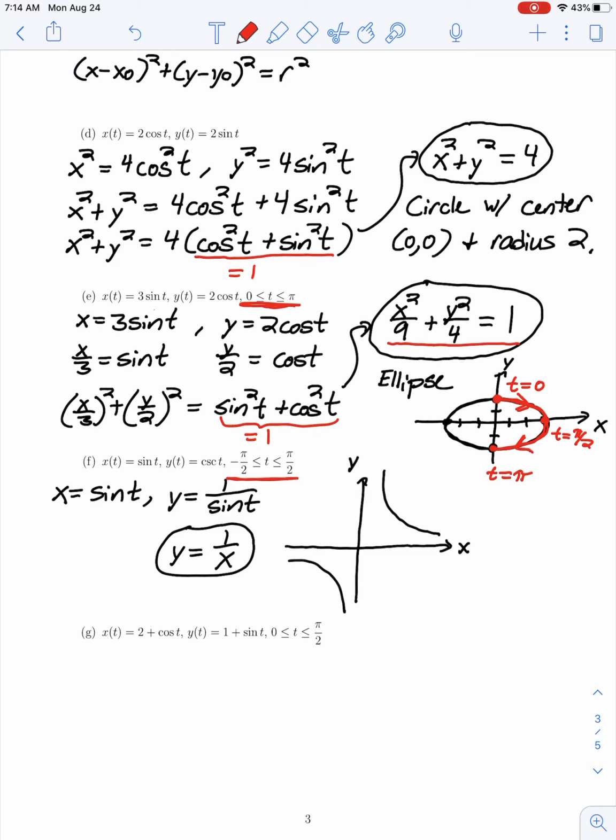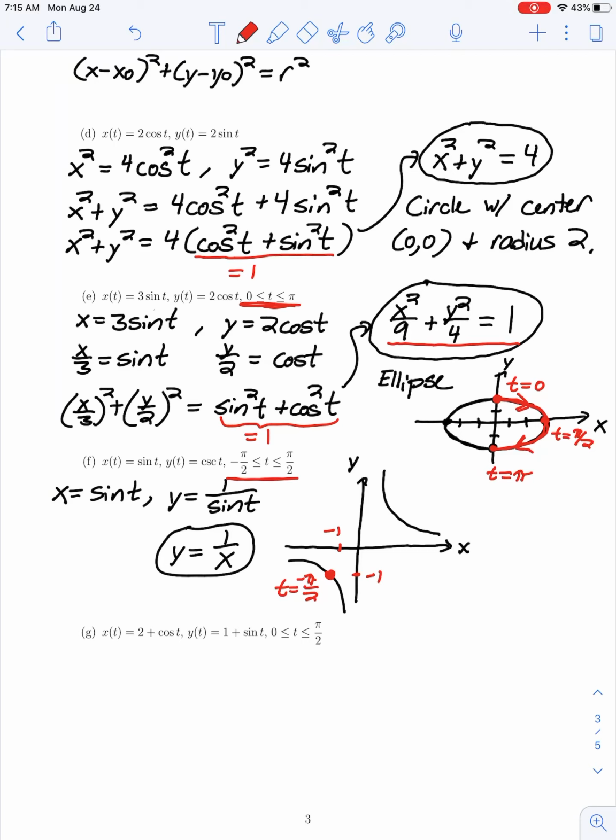So starting with a t value of negative pi over 2, when t is negative pi over 2, sine of negative pi over 2 would be negative 1, in which case y is 1 over x. So we would have y is also negative 1. So I would be looking at the following point on my curve. When t is negative pi over 2, we have the point negative 1, negative 1.